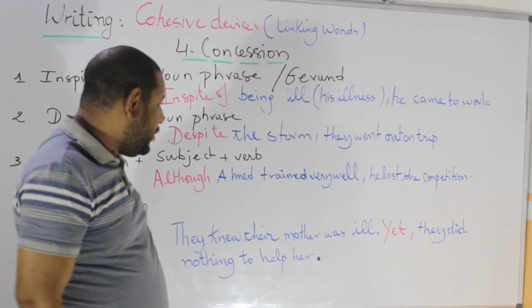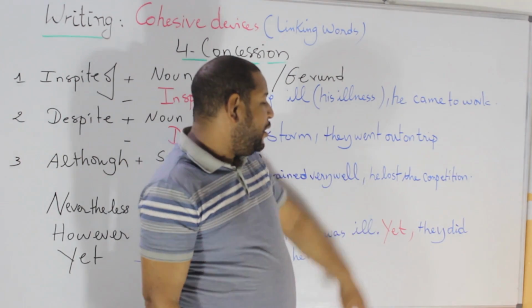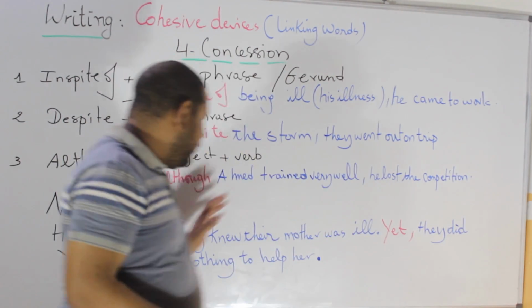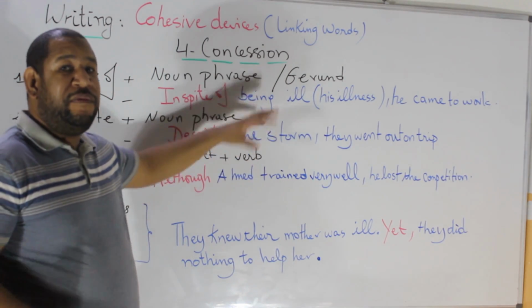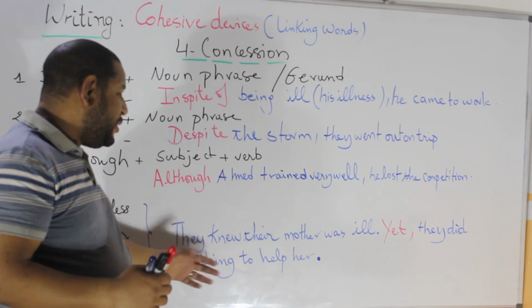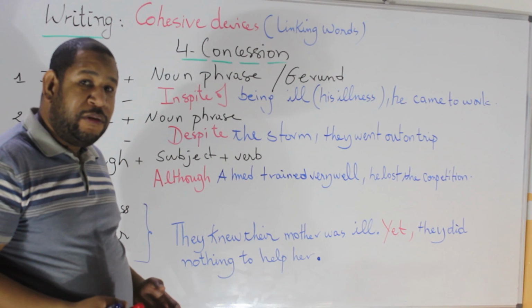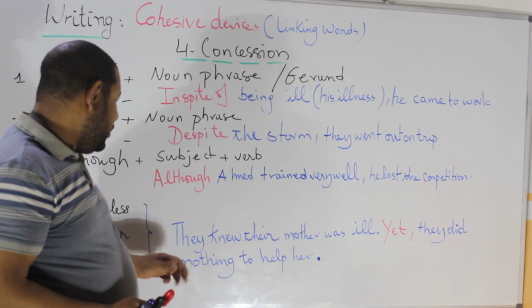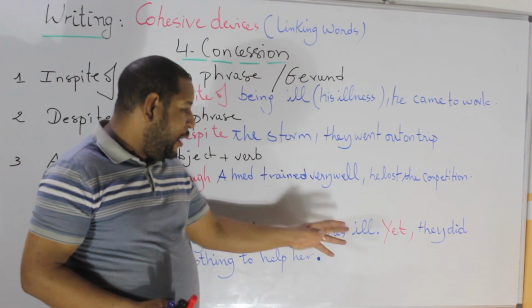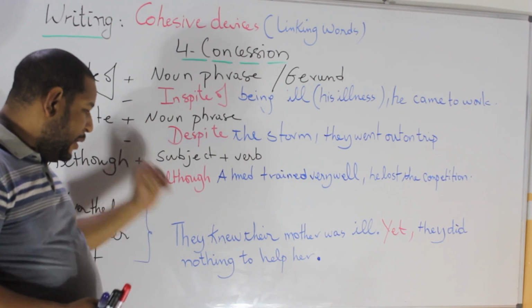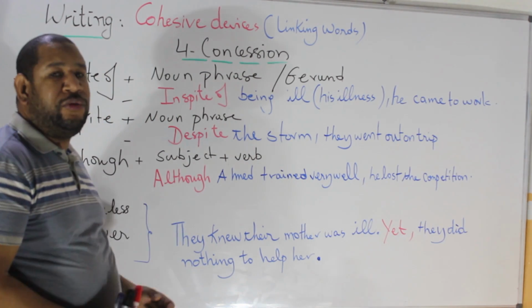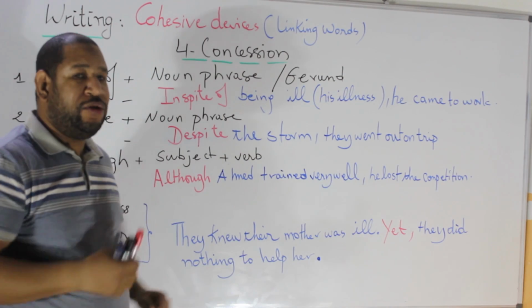But we can't, for example, start the sentence with yet. It's not like the first part. The first part we can exchange, but the second part we can't. They knew their mother was ill, yet they did nothing to help her. This is how we should write it. We cannot exchange the sentence.